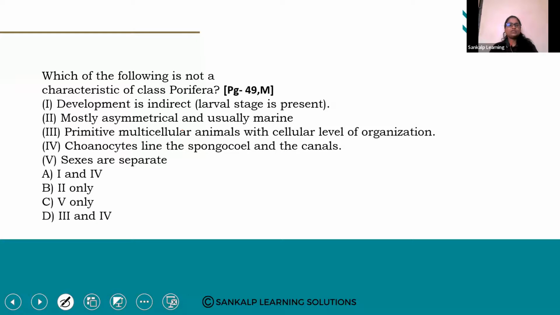Next, which of the following is not a characteristic of class Porifera? Development is indirect, mostly asymmetrical, usually marine, primitive multicellular animals with cellular level of organization, coenocytes line the spongocoel and canals, sexes are separate.